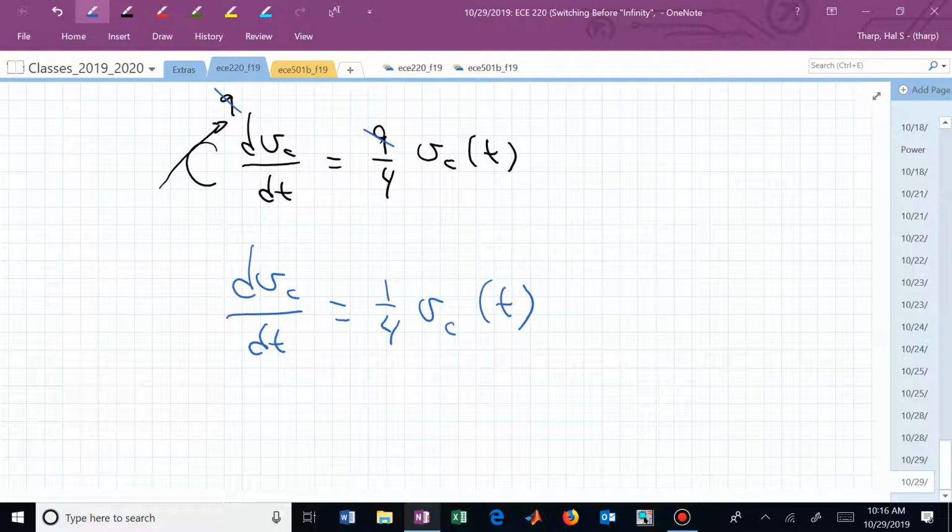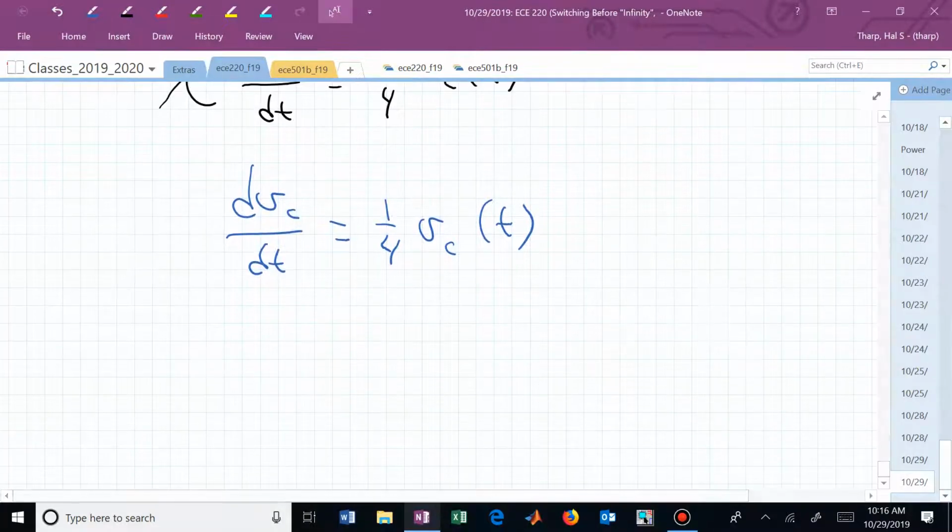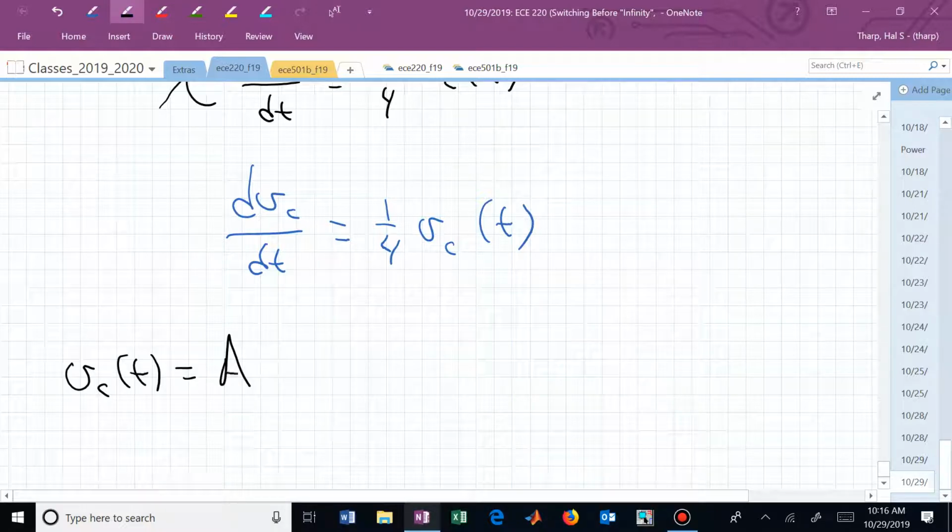What function structure gives us the same thing when we differentiate it? An exponential. So now let's just speculate that V sub C of t is some A e to the 1/4 t.